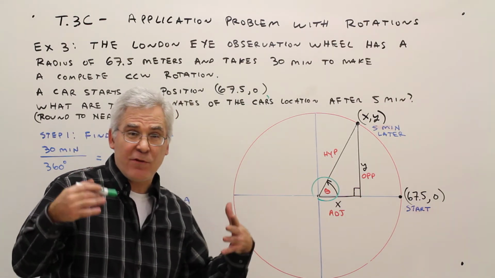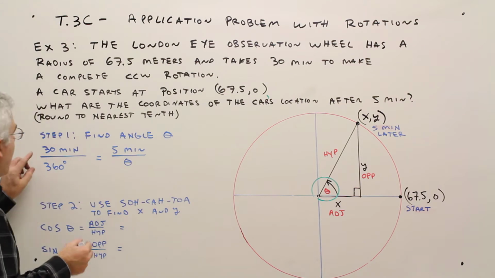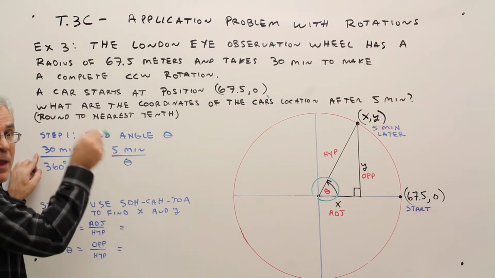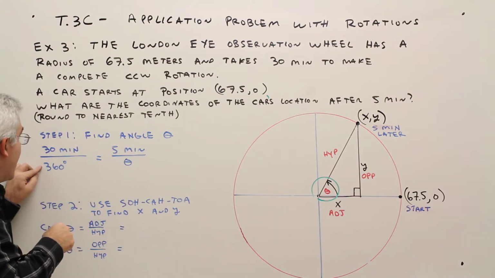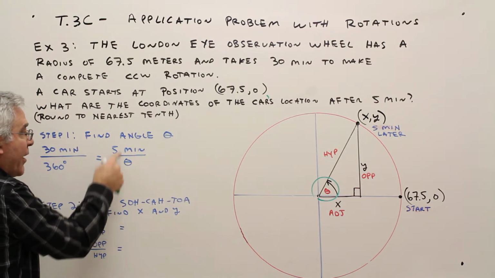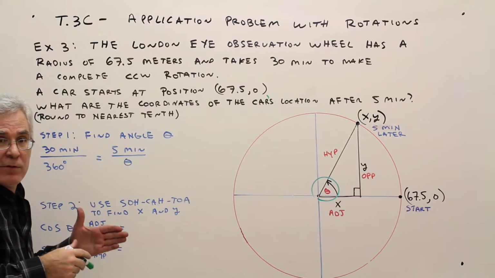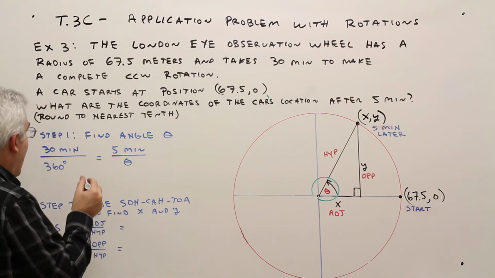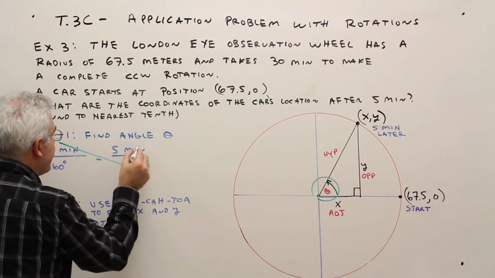So what I'm going to do is use a proportion. It takes 30 minutes to make one complete rotation of 360 degrees. Now I'm going to set that equal to 5 minutes over theta degrees. Okay, so to do that, I'll just cross multiply.